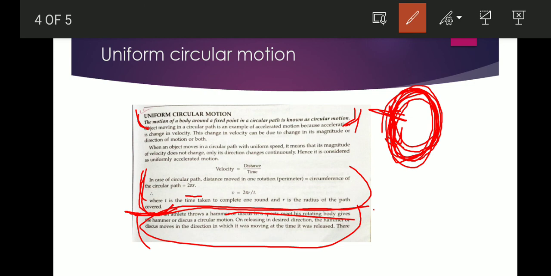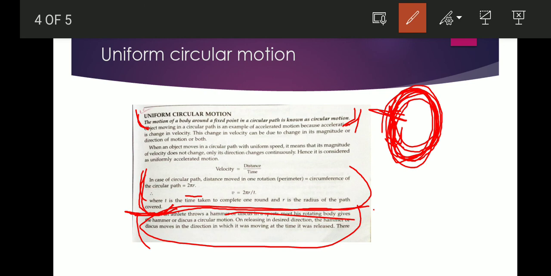In case of circular path, the distance moved in one rotation, that is the perimeter, is equal to the circumference of a circular path, that is 2 pi r, or we can say velocity is 2 pi r divided by time, where t is the time taken to complete one round and r is the radius of the path covered.